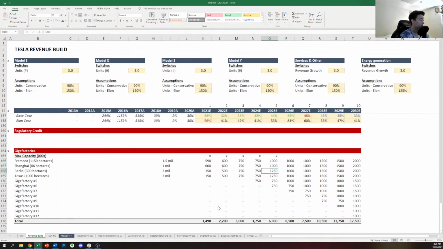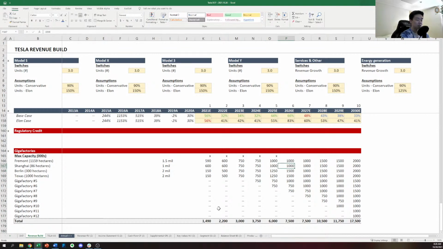The reason I want to grow Berlin and Texas though is that Texas just has more land. I think Fremont is not as big of a priority anymore because it might be more expensive there, but we'll see about that. And then eventually I'll grow this to 1500.